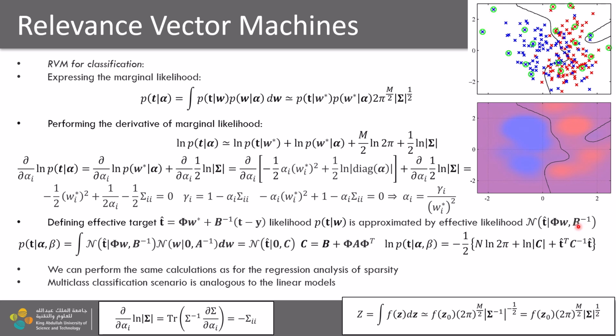So our likelihood now can also be seen as a normal distribution, and we have a normal distribution for our prior.